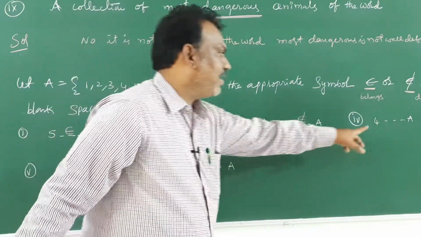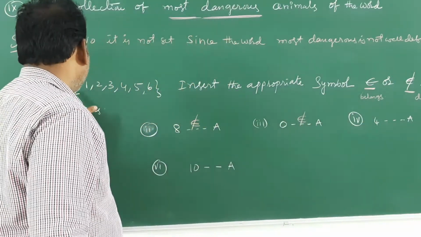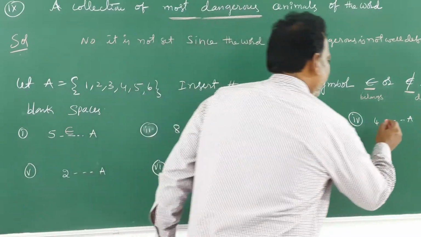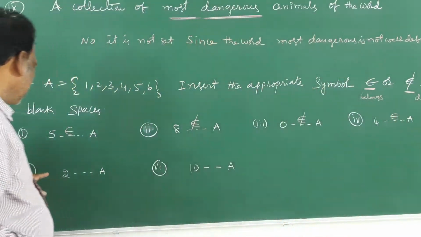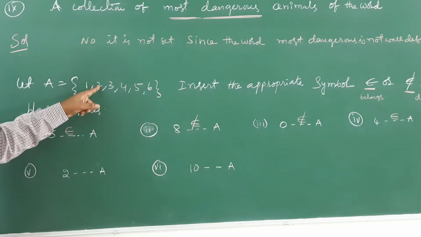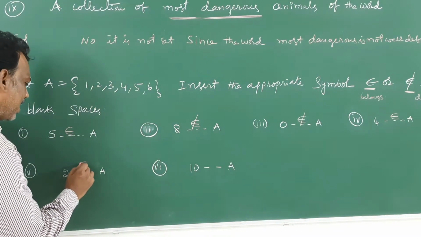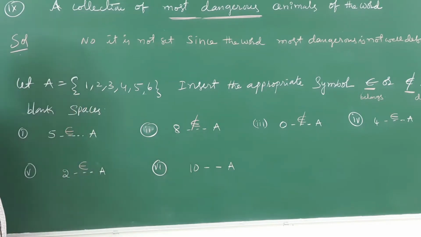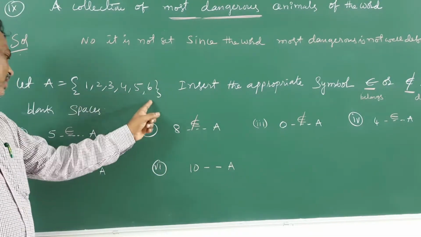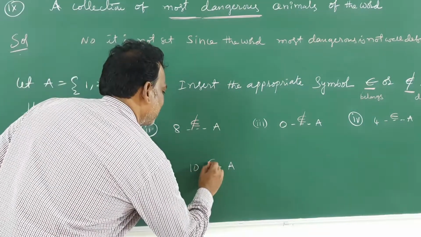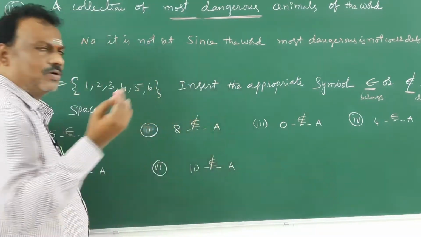Whereas you can see the fourth option. The fourth option is given 4. 4 belongs to this set. So we can write it belongs to. Whereas come to the fifth option, we have 2. 2 belongs to. Whereas the sixth one, 10. 10 is not here. So we can write it does not belong to.